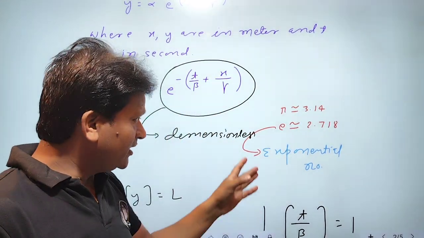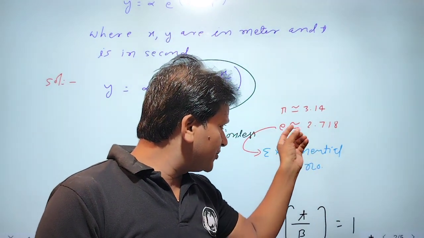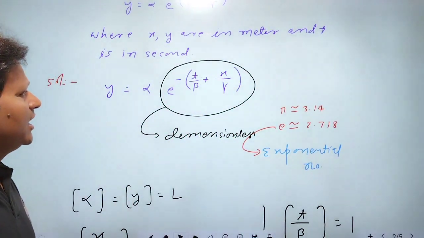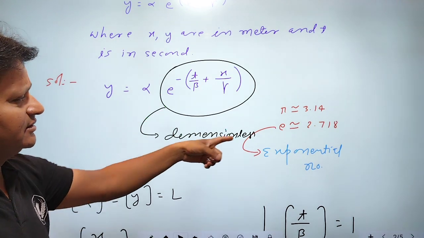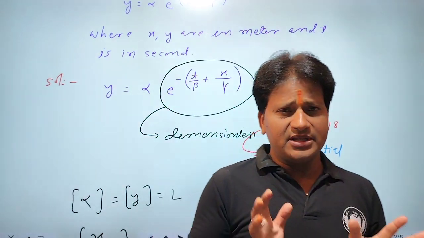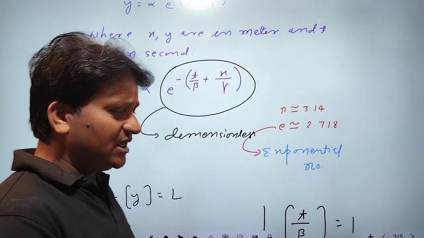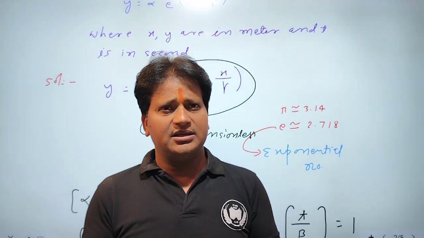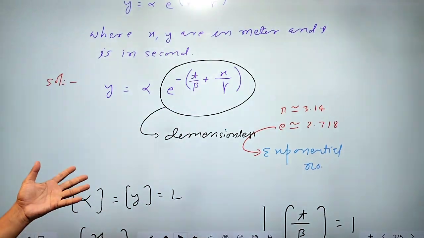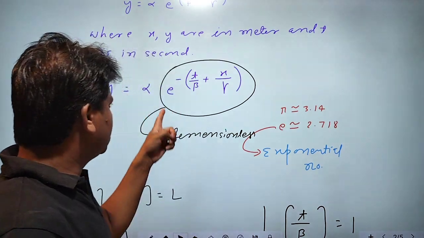Similarly, the value of the exponential number will be approximately equal to 2.7. Okay, and this is a number. e is a number. If a number has a unit in its power, then it will be meaningless. Therefore, this is a number.